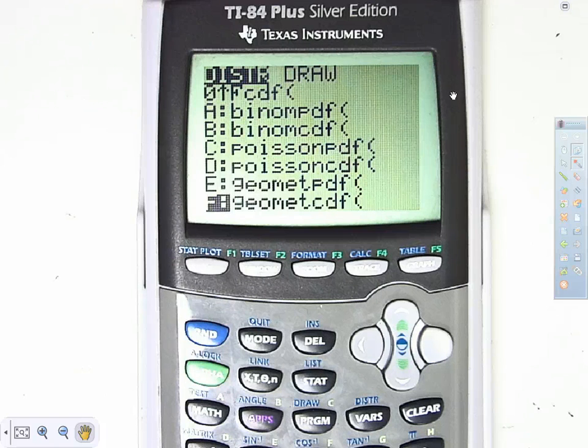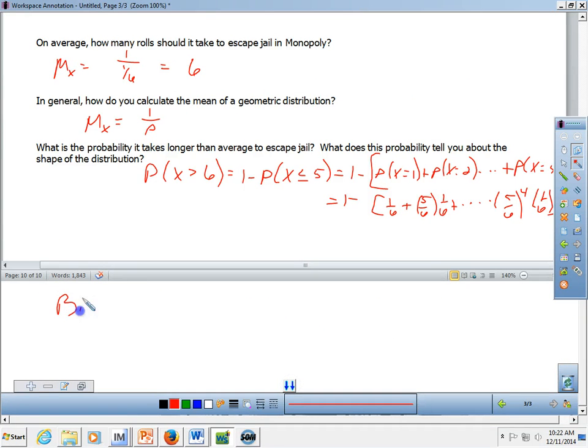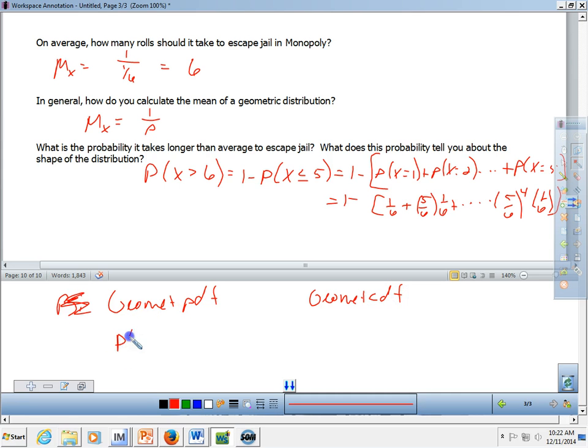If you're going to use your calculator, geometPDF and geometCDF are the same deal. This is for x being equal to k, and this is for x being less than or equal to k. It works the exact same way.